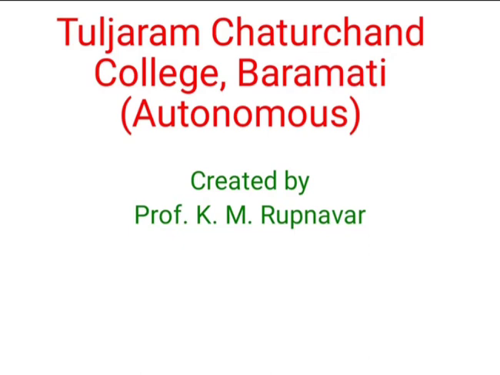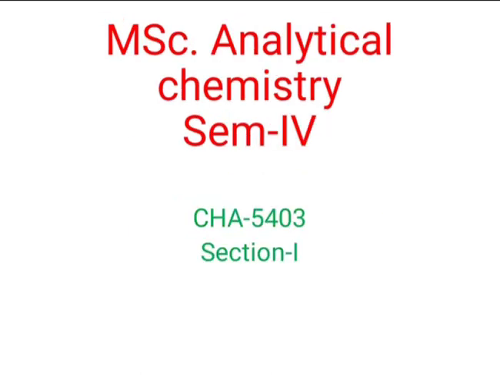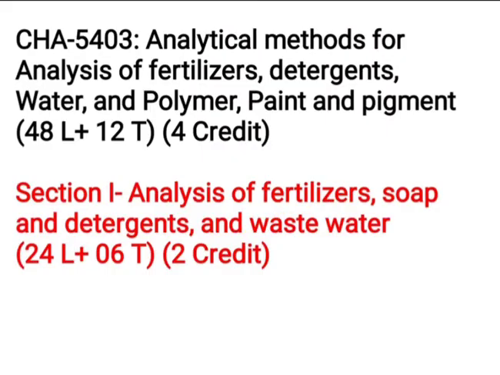And already in the previous lecture, we have started our paper CHA 5403 and the section 1 syllabus we have already discussed. So see, our paper heading is CHA 5403.